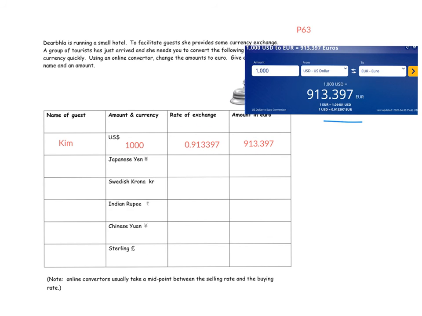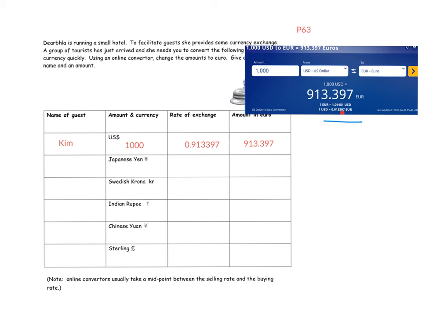Okay, rate of exchange. So basically you go to the website. I picked just the first one. Kim is the first guest. She wants to change $1,000. What is the rate? So basically we put the amount of money, you put dollar in here, and you want to convert it to euro, and then you have the rate.